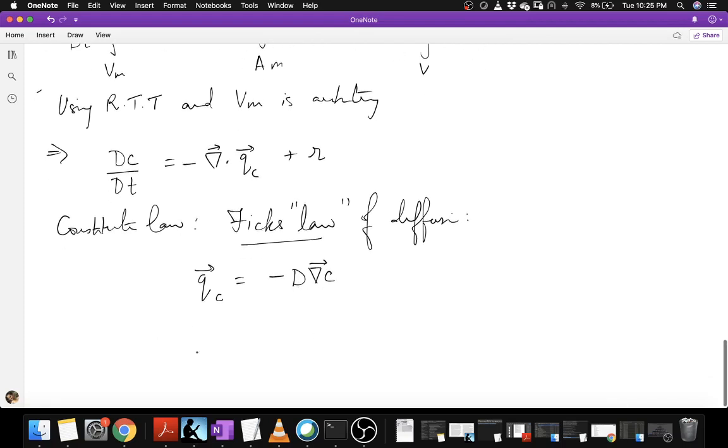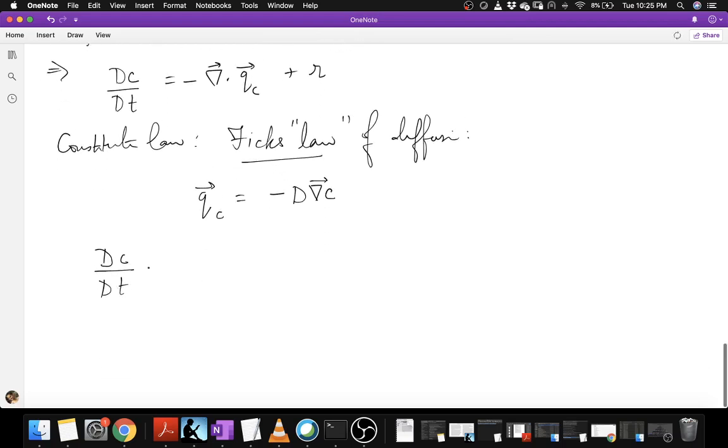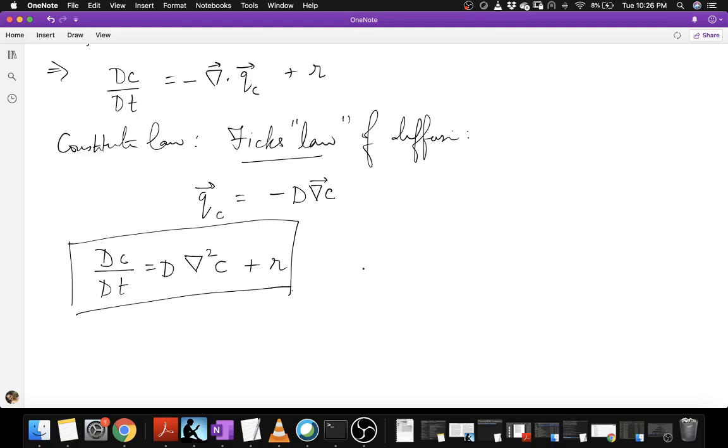So D is the diffusion constant, and so using this we obtain the material derivative of concentration is given by, again, if I assume D to be varying in space, I should keep it inside the divergence, but if I can take it to be a constant, I can pull it out and write D Laplacian of C plus the rate of generation. Right, so this is the conservation of species equation that we were after.